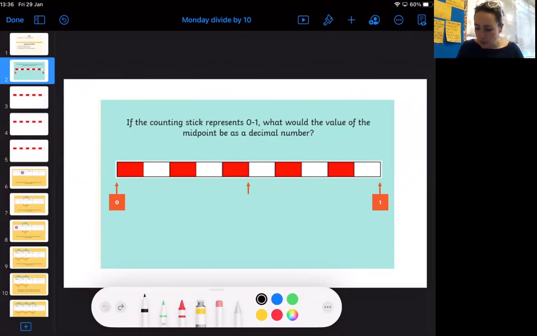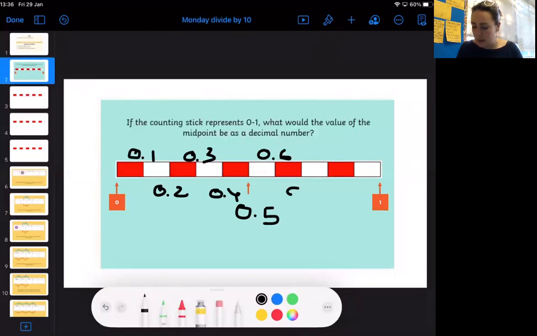The value of the midpoint as a decimal number is 0.5. And if we were counting up, our counting stick would have 0.1, 0.2, 0.3, 0.4, 0.5 at our midpoint, 0.6, 0.7, 0.8, 0.9, and 1.